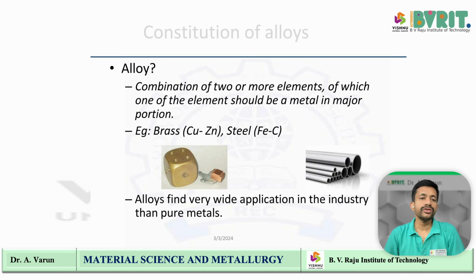When it comes to an alloy, unlike a pure metal, we want some additional properties to be incorporated into it. That is the basic reason. For example, let's take pure iron. Iron in its purest form has a lot of disadvantages because it readily oxidizes with the oxygen in the environment and forms ferrous oxide, which is nothing but rust. Firstly, the process of making it into the purest form is a very tedious and costly affair.